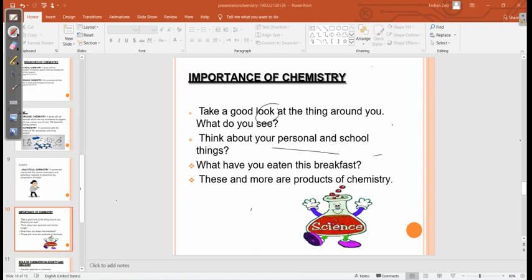Try to understand what is matter. If you find anything regarding matter, that can be put into chemistry. The breakfast you are eating, or the products which you have, these all are the products of chemistry. Even our body is also a part of chemistry.